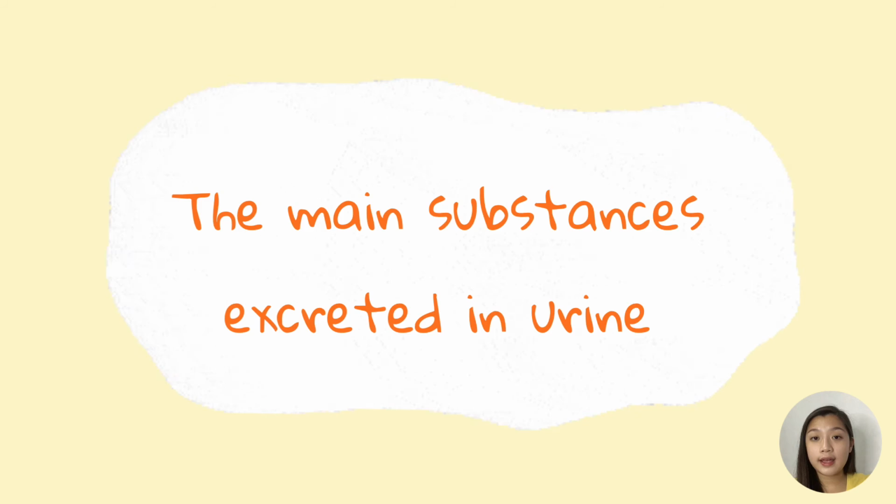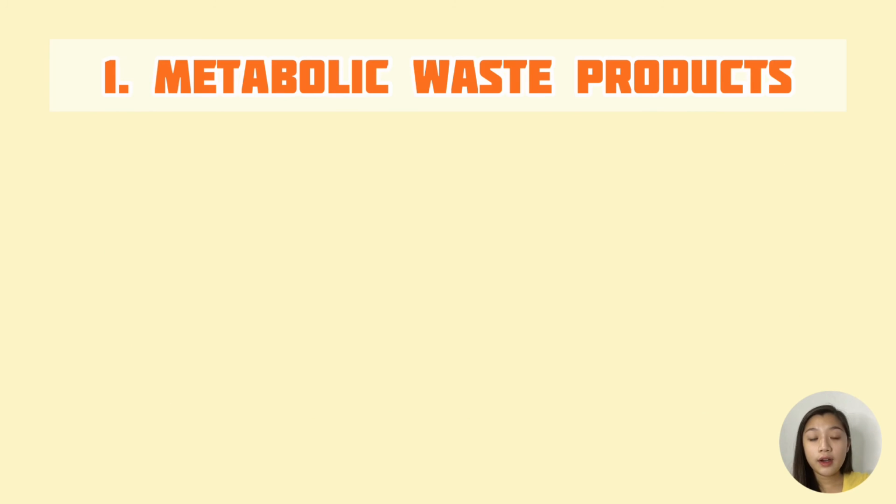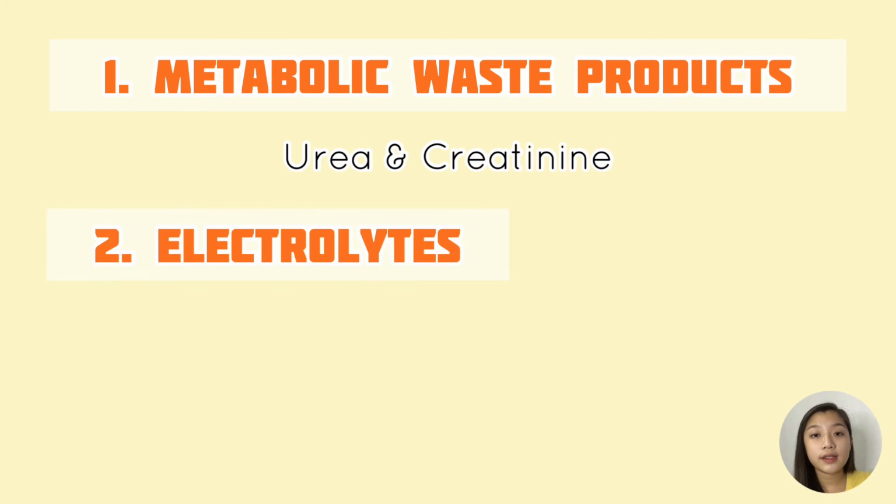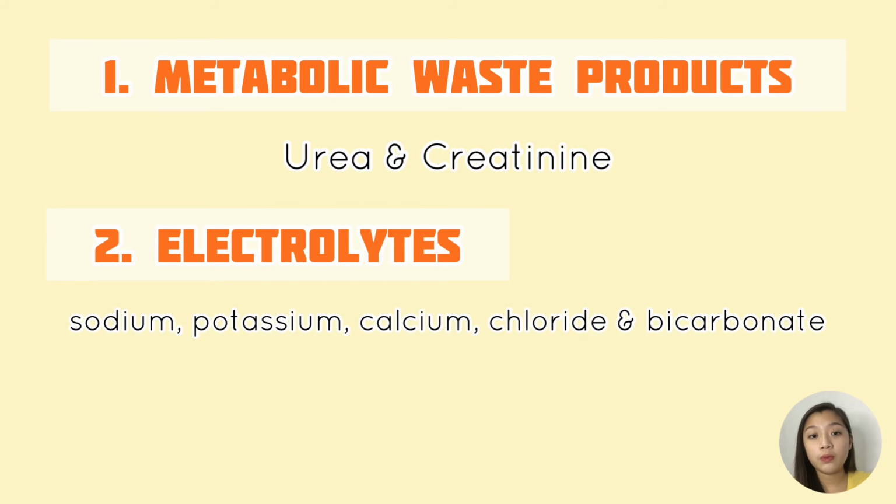The main substances excreted in urine are: first, the metabolic waste products, for example urea and creatinine. The second one is the electrolytes or inorganic compounds, which include the sodium, potassium, calcium, chloride, and bicarbonate that your body uses to control the fluid content inside your body fluids. And the third one is the water.